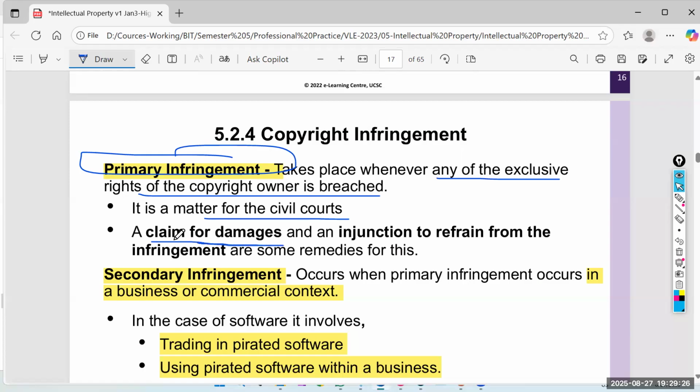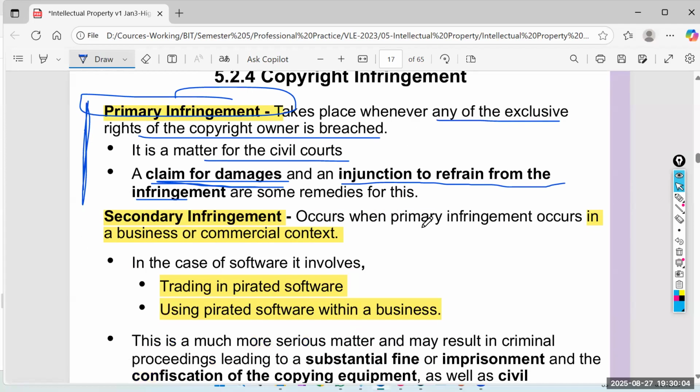The copyright owner can claim damages and also ask for an injunction to refrain from infringement. That means ask for a court order to ban that person doing that illegal thing. At the same time, the original copyright owner can demand compensation, of course if the judiciary system approves it. So that is serious.